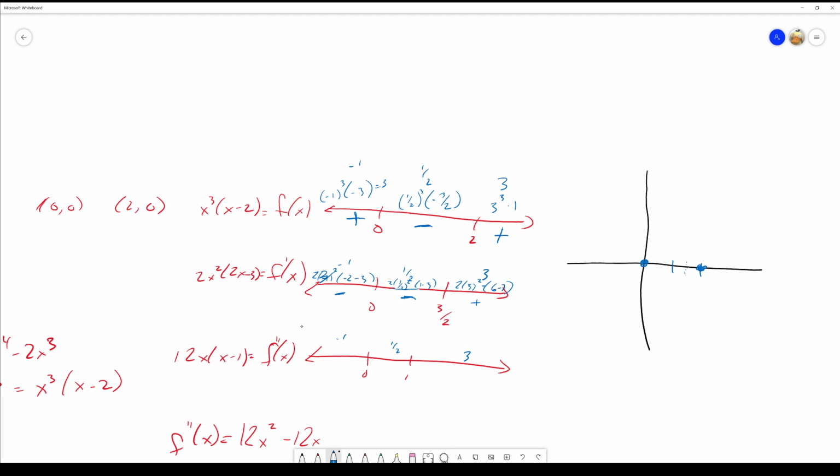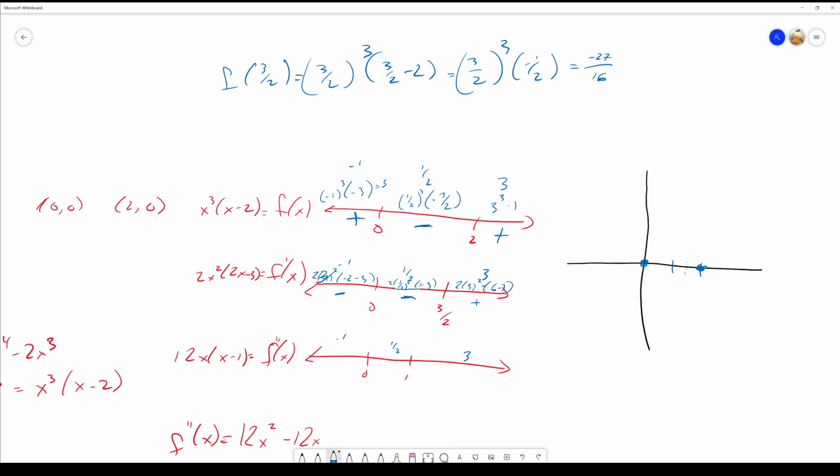So I can actually figure out exactly where that is by plugging in 3 halves to f of x. So what's f of 3 halves? That's 3 halves cubed times 3 halves minus 2, which is 3 halves cubed times negative 1/2, which is negative 27 over 16.